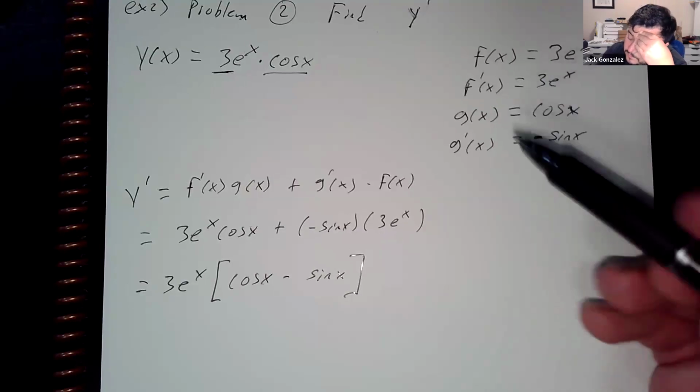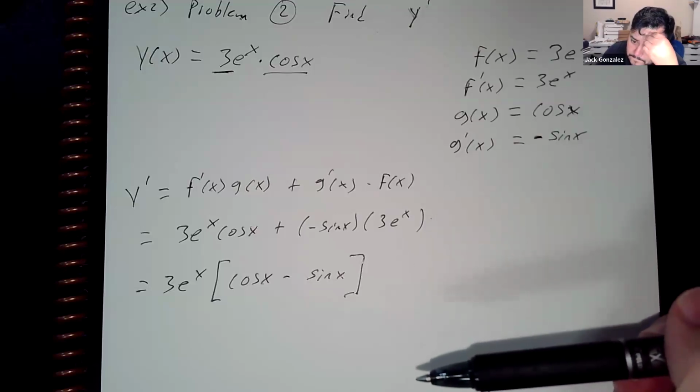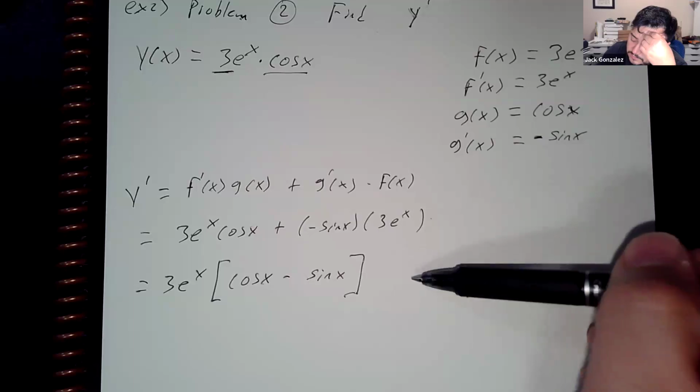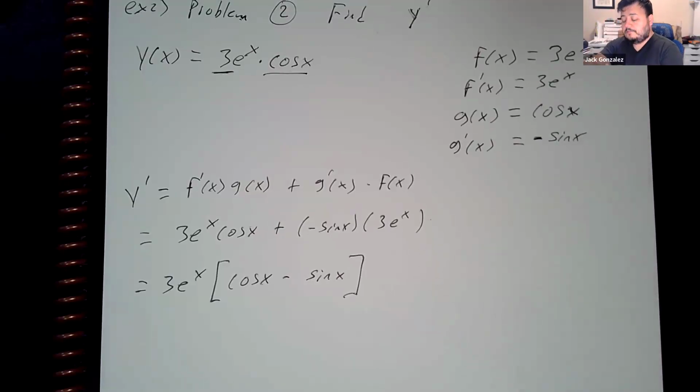But this is the answer most people are going to get, and then they need to simplify, right? I skipped an algebra step here. Any questions on problem 2 here? No. Okay.